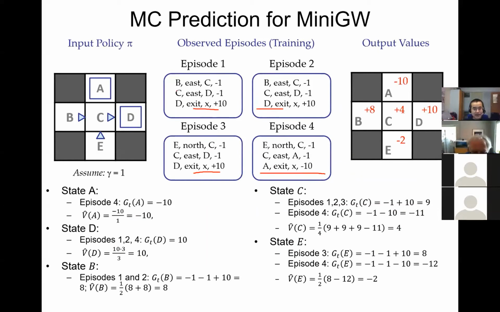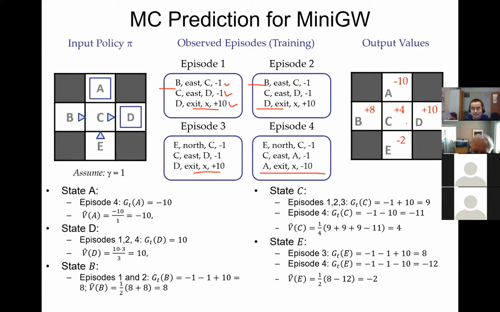For state B, you see it twice. The first time the episode has a return of 8 (-1, -1, 10). The second time is also 8. So the average is 8.